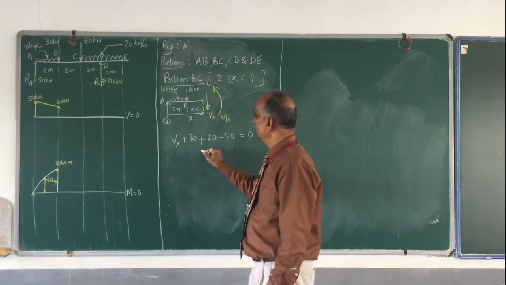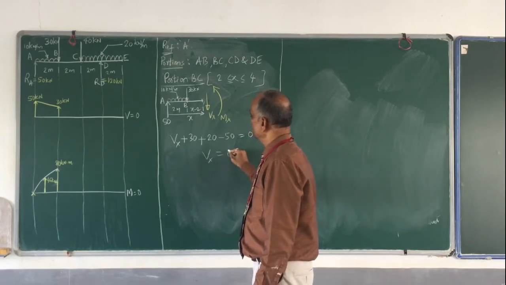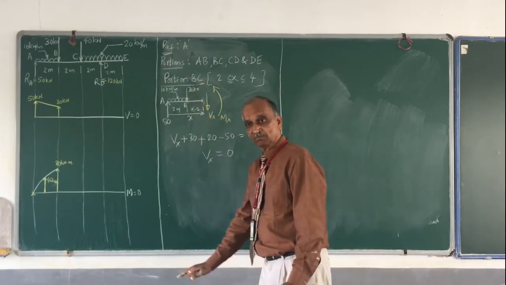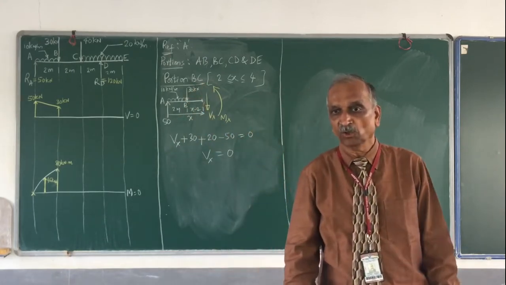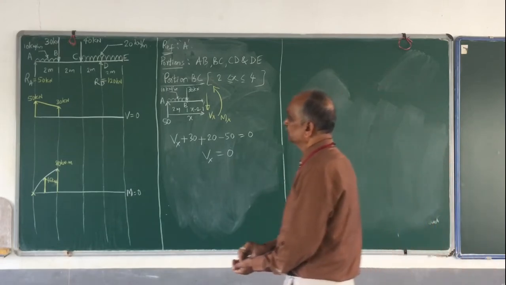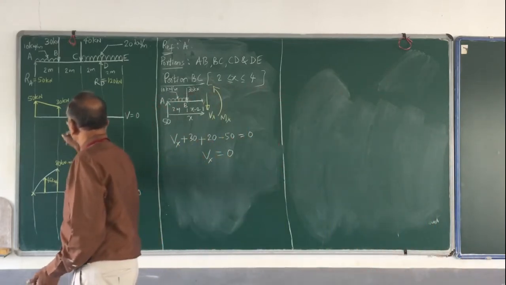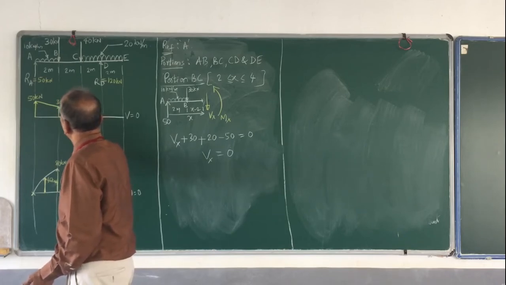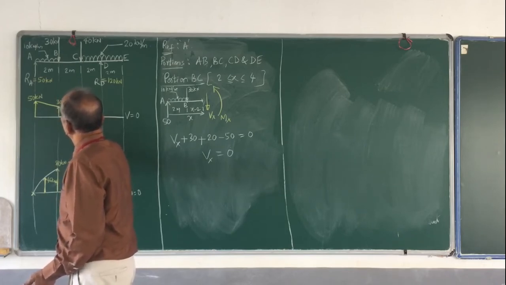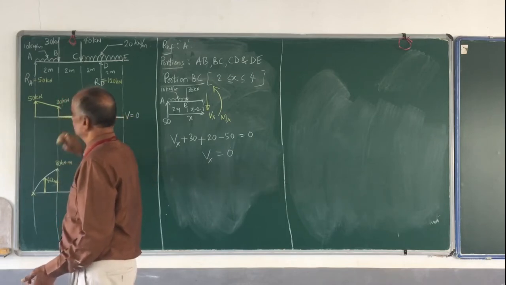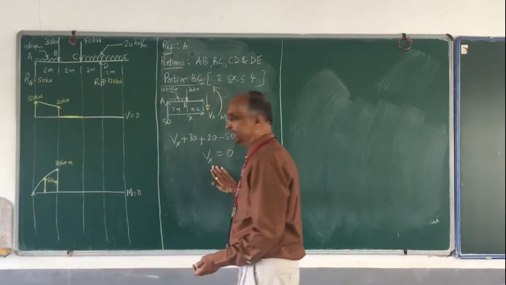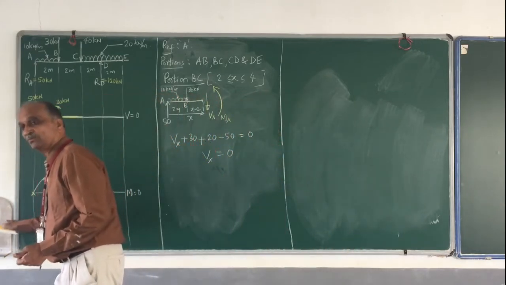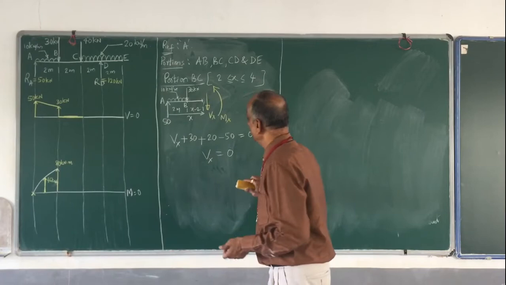So the shear force between B and C is 0. It doesn't vary, there is no question of variation, it is 0 only. Shear force is constant, shear force is 0 between the portion B and C, and this is the shear force diagram.